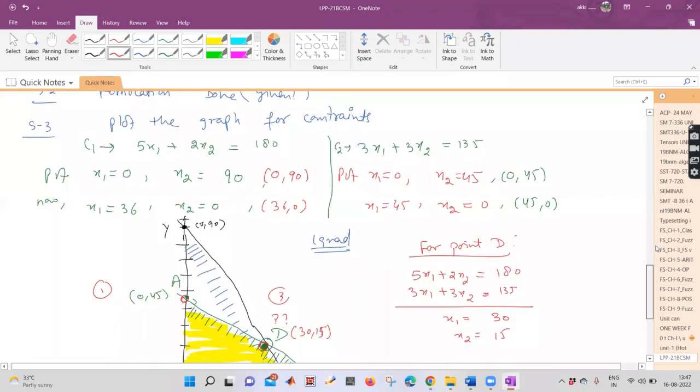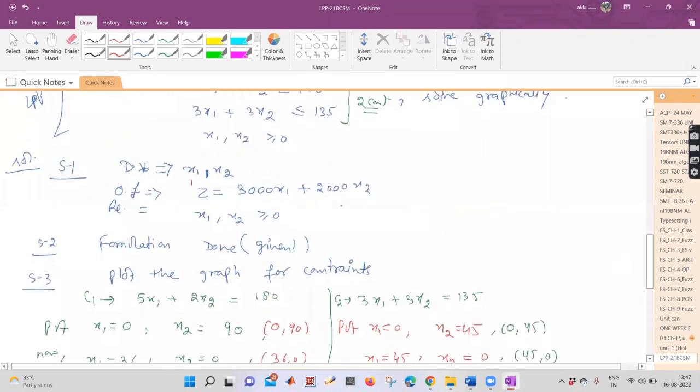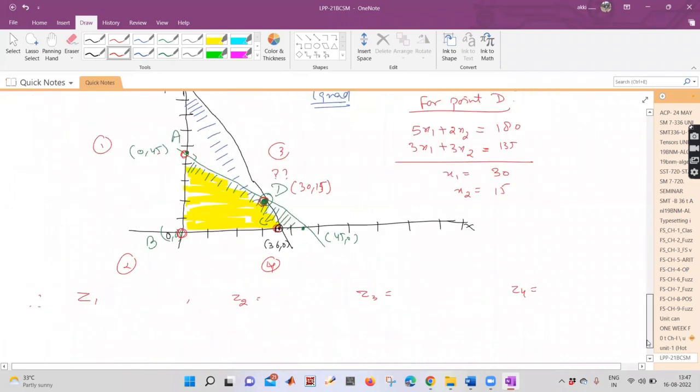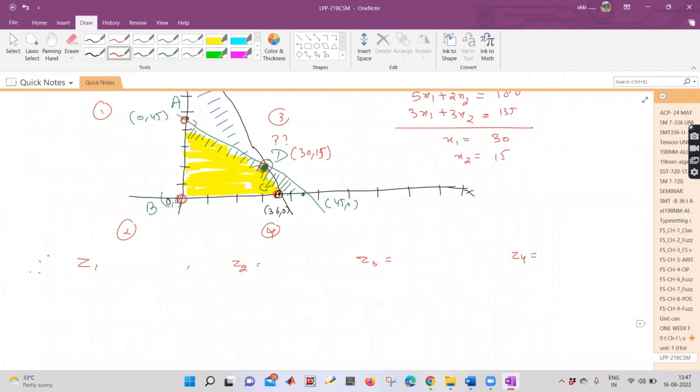And your z here is 3000x1 + 2000x2. Say suppose my z1 here we are taking 0, 45. Wait, let me complete this question first. So my this point here is 0, 45.